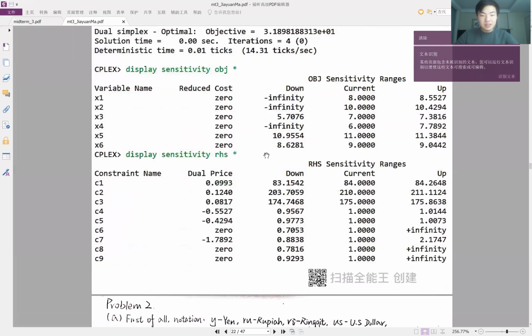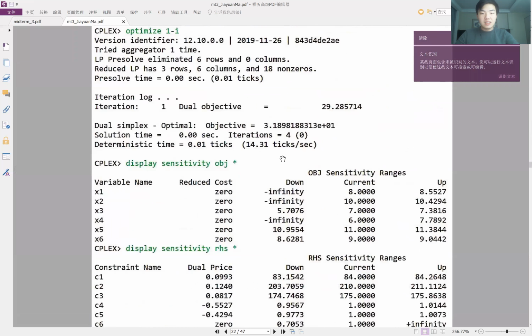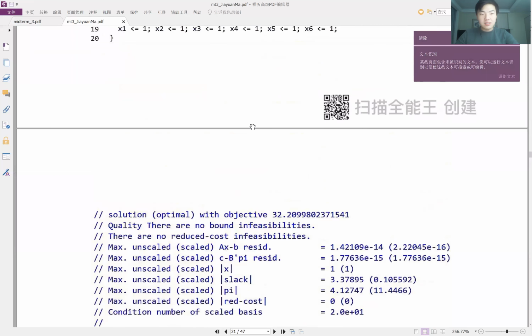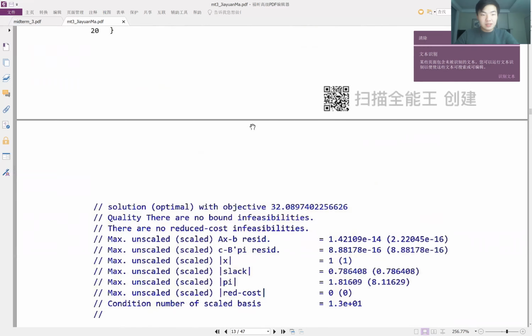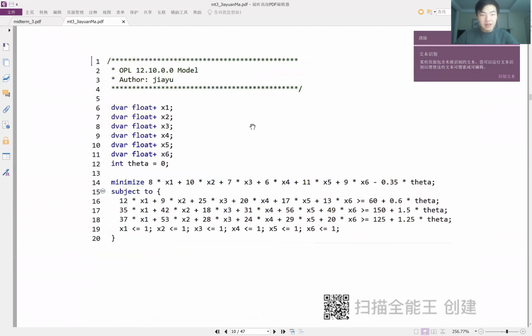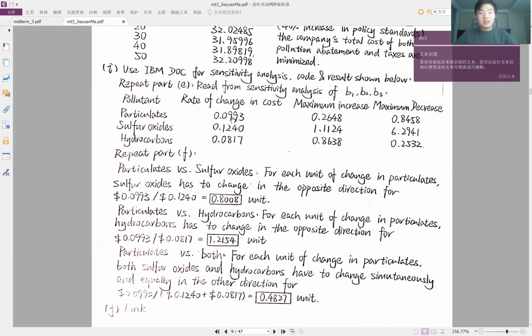So basically just do the same thing and copy the sensitivity range, the shadow prices, and the reduced cost here. So these are the rates of changing cost for 3 pollutants, and these are their sensitivity ranges. And basically just use the same trick, one divided by the other, to find the unit changes in the opposite direction. So that's all.